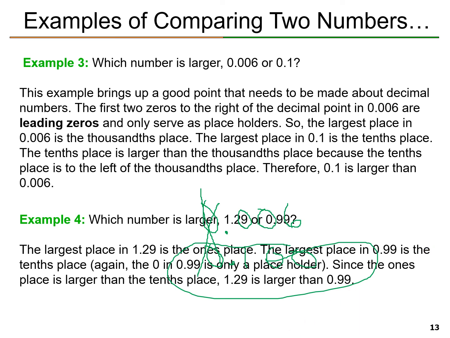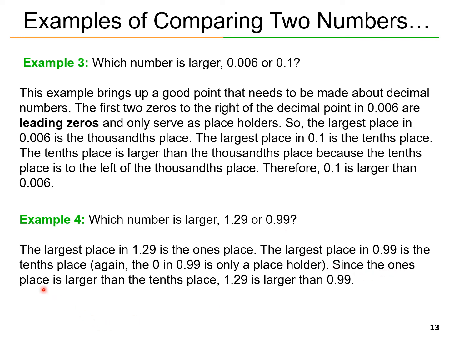Okay, let me erase this. This time, which number is larger, 1.29 or 0.99? The largest place in 1.29 is the ones place. The largest place in 0.99 is the tenths place. The 0 in 0.99 is what's called a leading 0, and it is a placeholder.